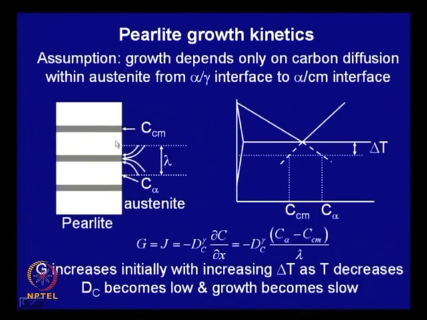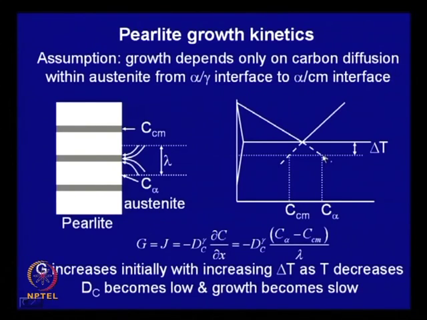Since that much carbon has been drained from this neighboring region, here the carbon concentration drops, and with ferrite also it is possible to find out the carbon content at the ferrite interface by extending this. This is the carbon concentration in ferrite which remains in equilibrium.